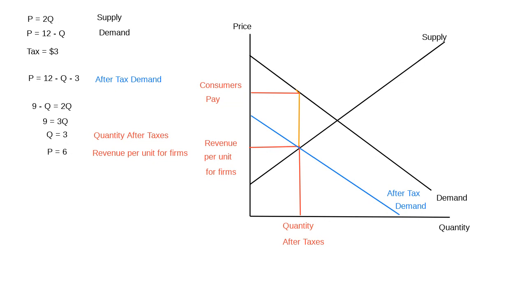And so what are the consumers going to pay? We'll call this PC. The consumer is going to pay $6 to the firm, but then they have to pay $3 to the government for taxes. And this will give us 9. This is what the consumers pay.